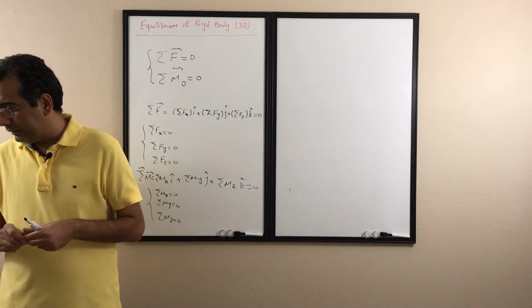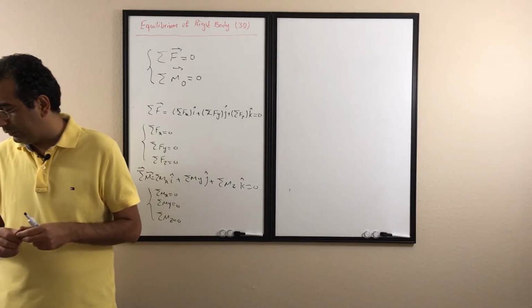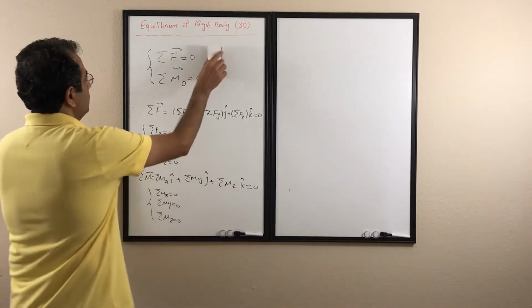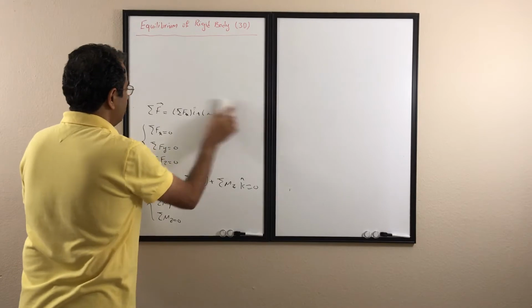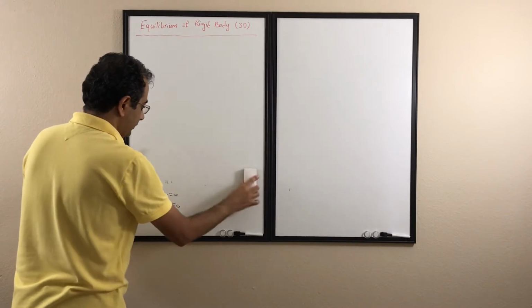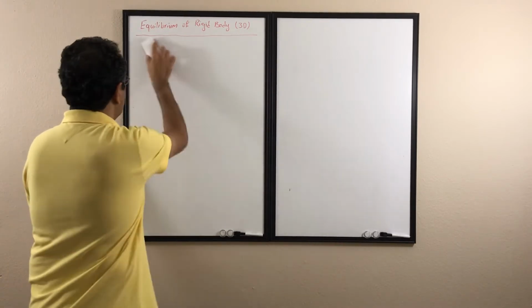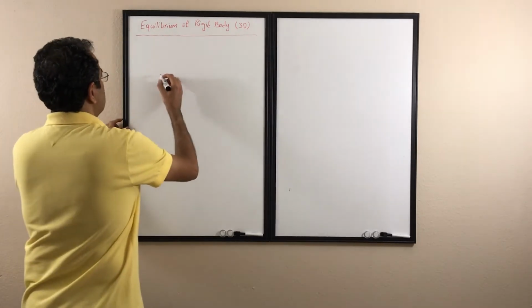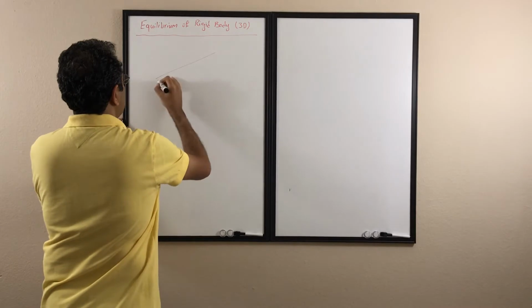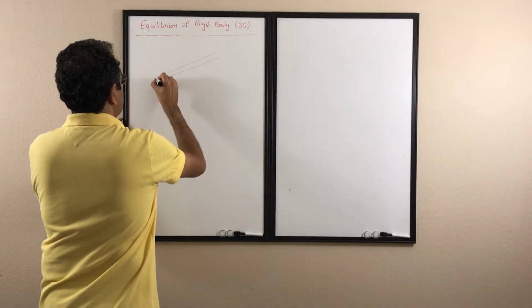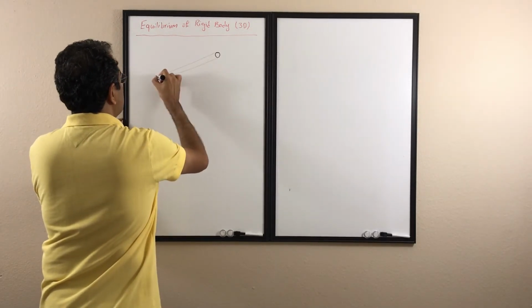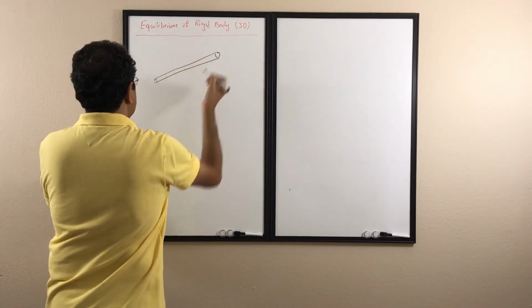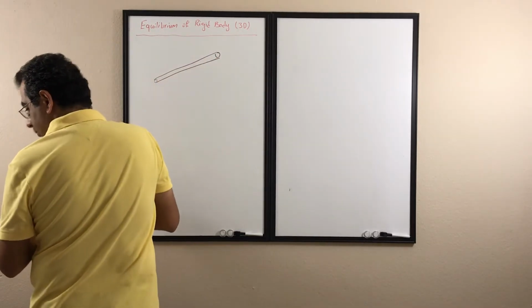And that's how we do it in 3D for our calculation, to find if it's in equilibrium. Now let's look at a very simple example and show how it works. Assume I have an object like that, with three forces applying on that object.